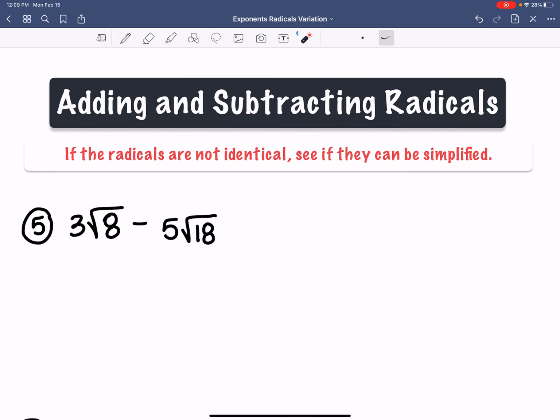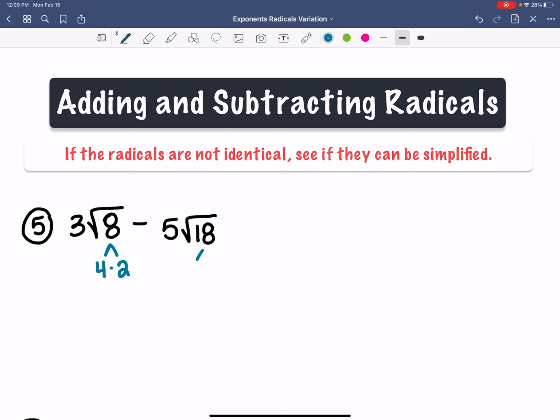So if the radicals aren't identical, we want to see if they can be simplified. Sometimes they can be. In this example, we have 3 square root of 8 minus 5 square root of 18. Well, 8 and 18 can be simplified. So what we're going to do is we're going to see if we can find factors of each of these that are square roots. So we know that 8 is 4 times 2.